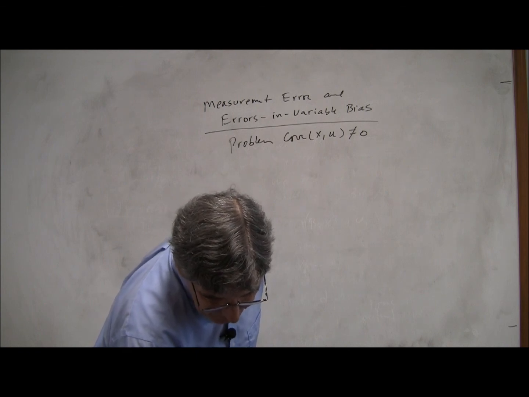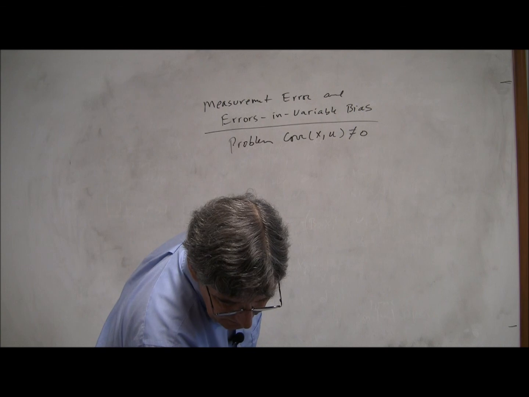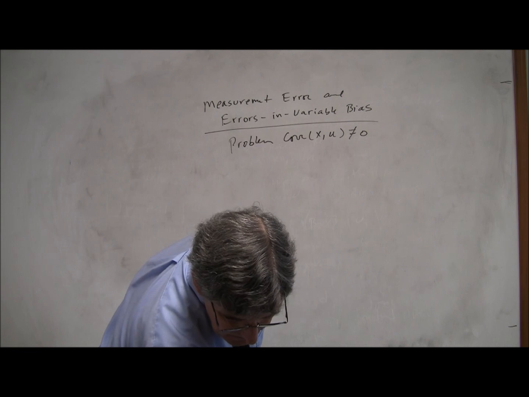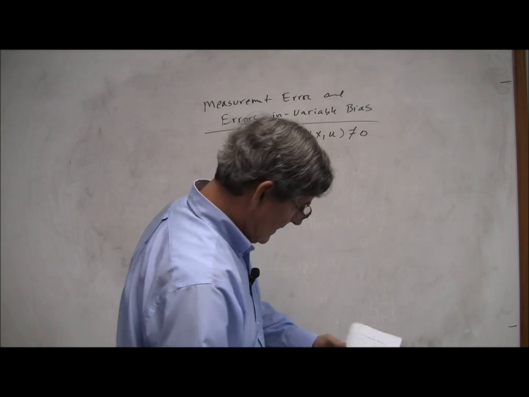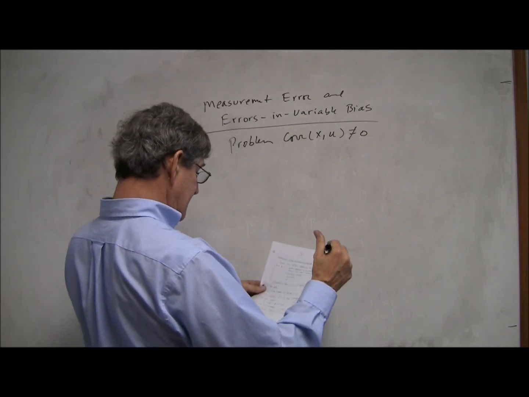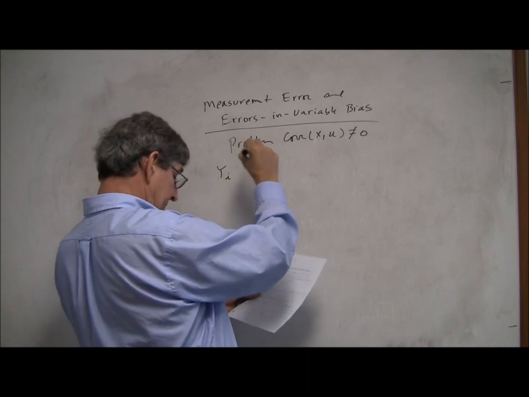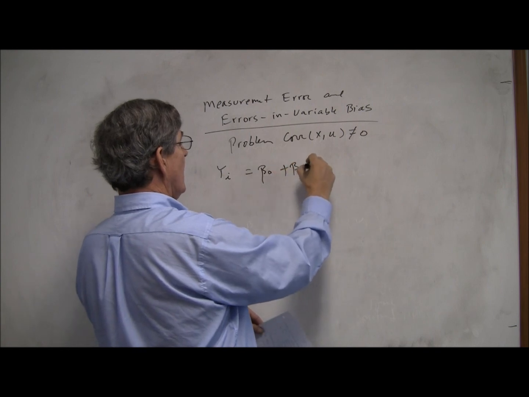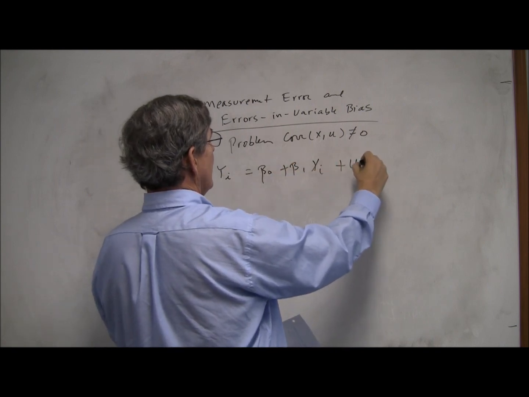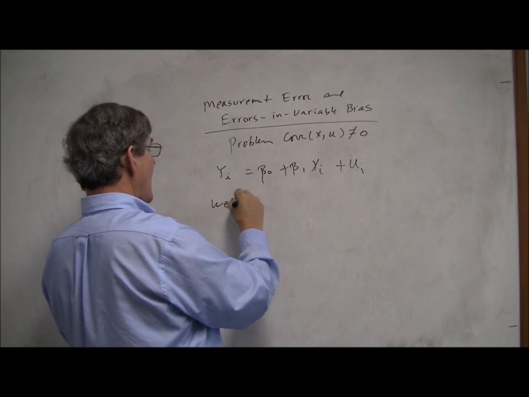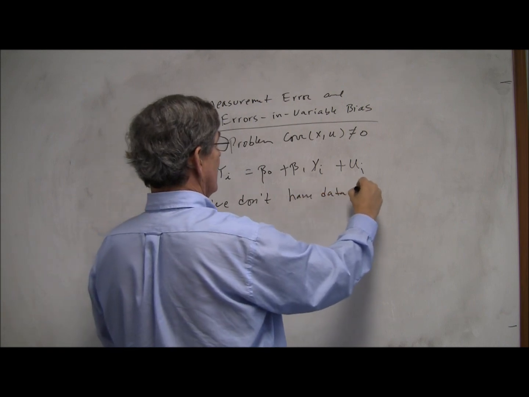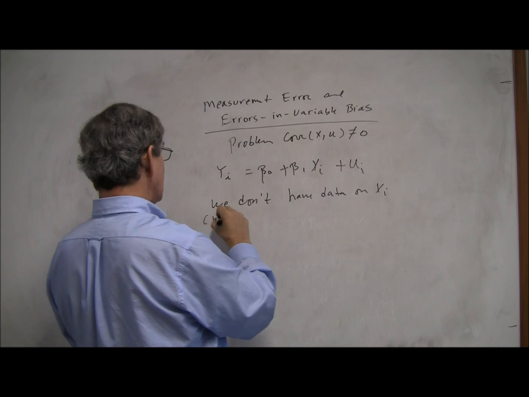So let's see if we can see that. Let's take a true model. So the true relationship is yi equals beta naught plus beta 1 xi plus ui. We don't have data on xi without error.